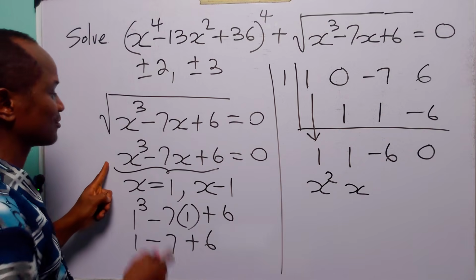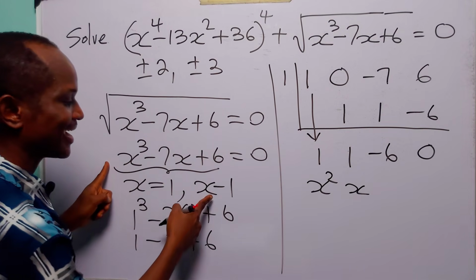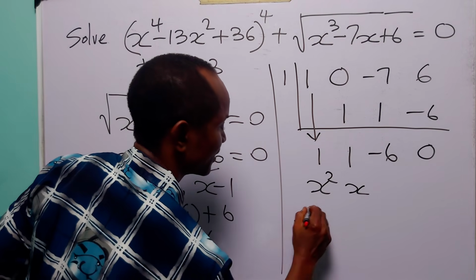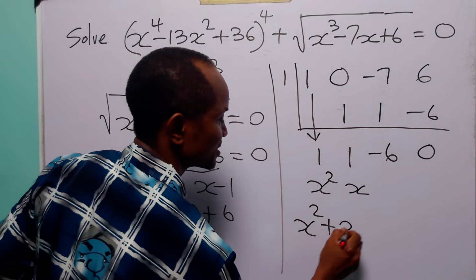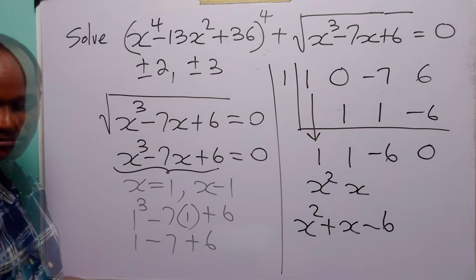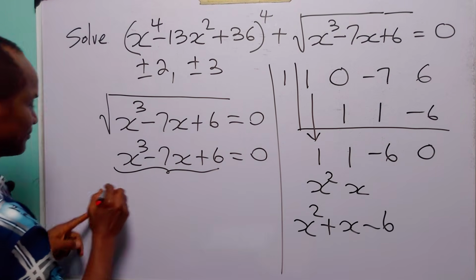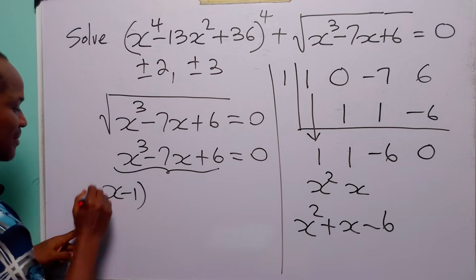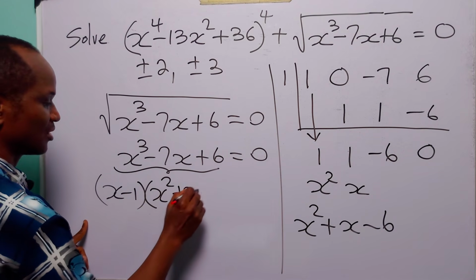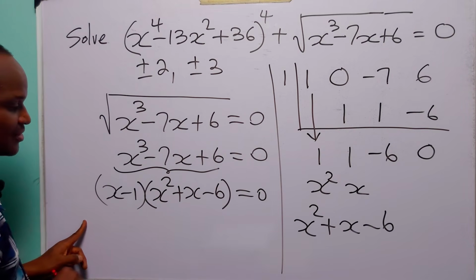So that simply means that when we divide x cubed minus 7x plus 6 by x minus 1, what we have is x squared plus x minus 6. So that means that the factors of this cubic polynomial are x minus 1 and x squared plus x minus 6. And of course, this is equal to 0.